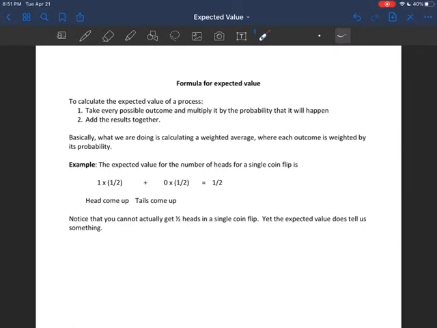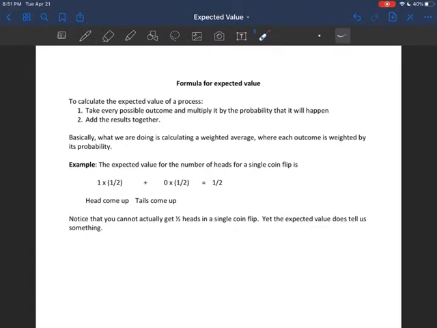The formula, the formal way that we actually calculate the expected value, is as follows. You take every possible outcome that could happen from your process. So for example, in the coin flipping that we just talked about, you could get anything from 0 to 100 heads coming up. So that's 101 different possible outcomes.